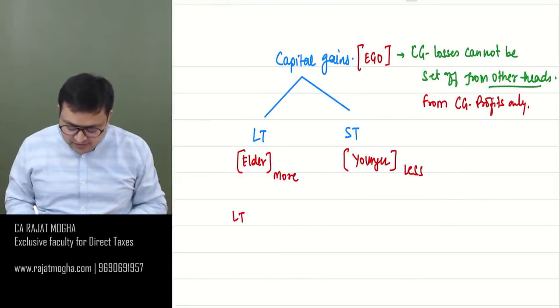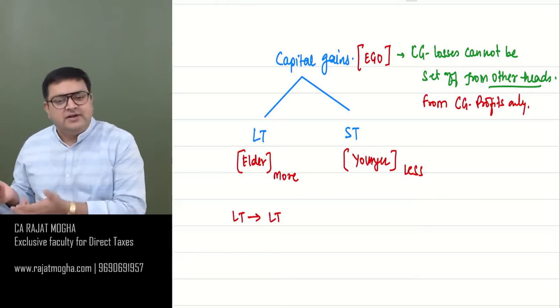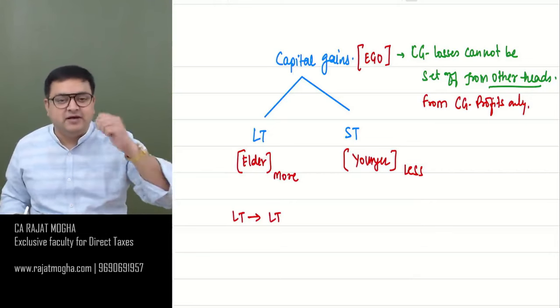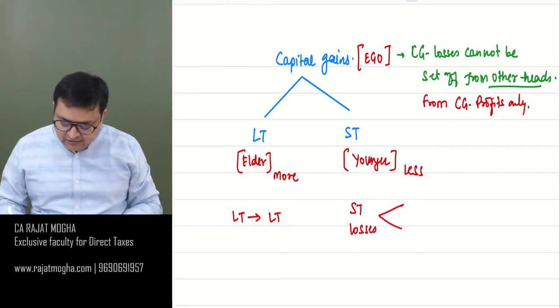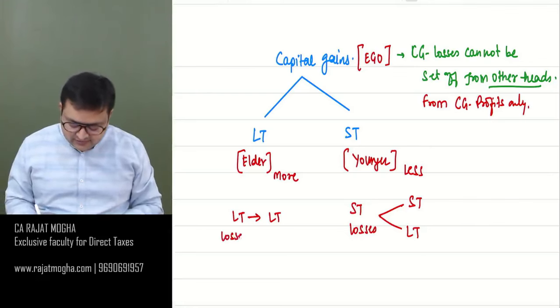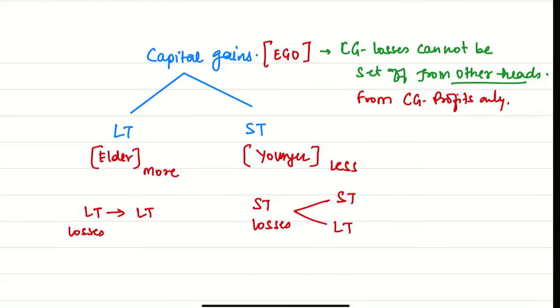Long term will take help only from long term, not even short term, because short term is his younger brother. How can he take help? He has more ego, right? He will not take help from younger ones. But short term has less ego. Short term losses can be set off from short term also, from long term also, no issues. But long term losses will be set off only from long term. Have you got it?